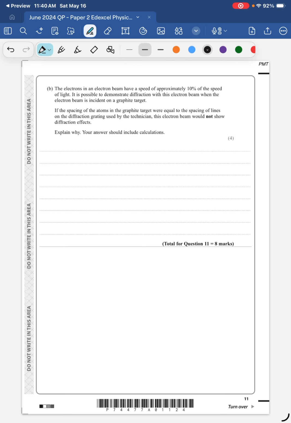Okay, so the calculation we can do is to find the wavelength of these electrons. We can do so using de Broglie's wavelength formula. So the wavelength of the electrons is h over their momentum, which is h over the mass of an electron times 0.1 c, which is 10% the speed of light.